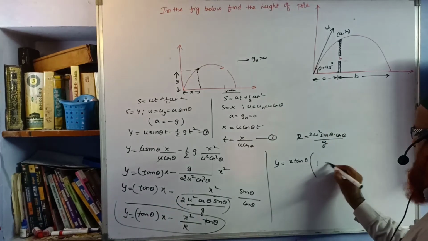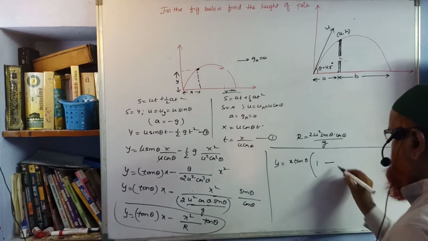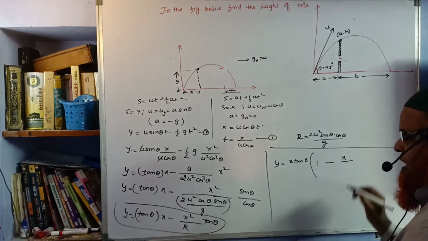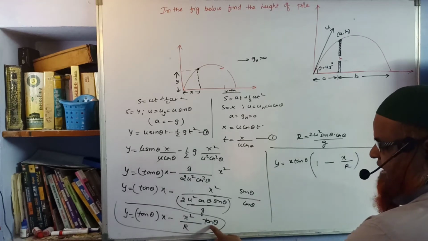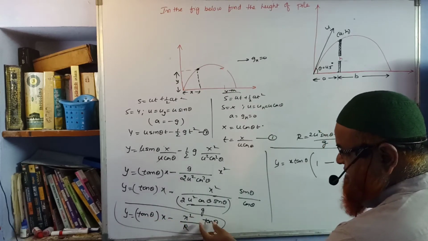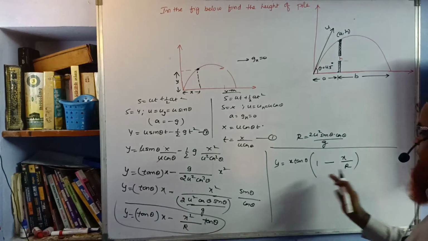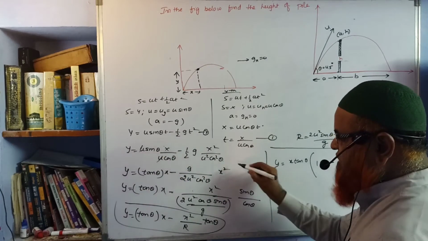Now you'll be getting 1 minus, since x is taken common, 1 x is left, and this part is going to be R. This is tan theta, this is also tan theta, so x tan theta is common, 1 x is left and 1 R is left. So you have just modified this formula.